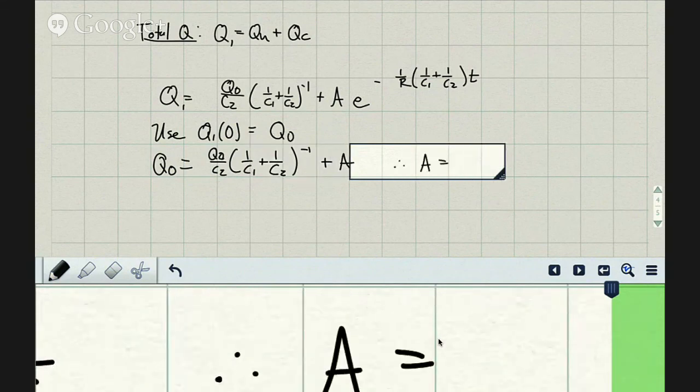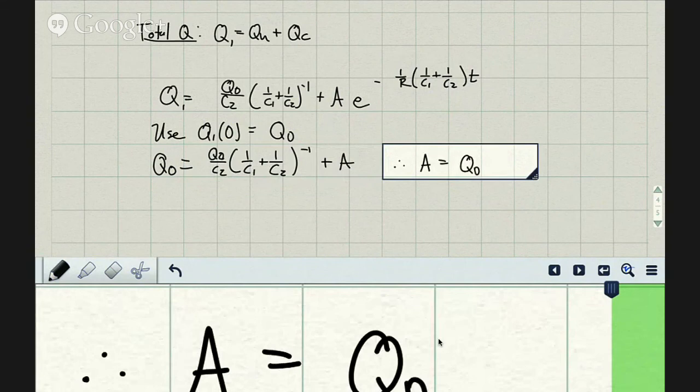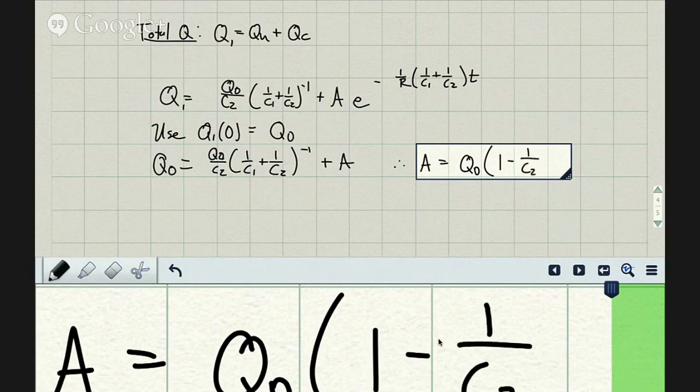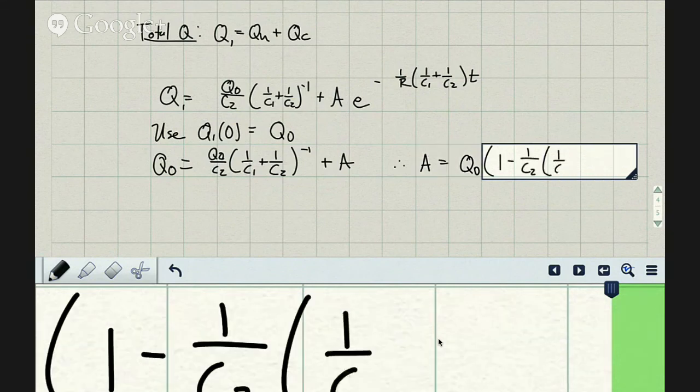A is equal to Q0 minus, I can factor out Q0, it doesn't really matter at this point. 1 minus 1 over C2 times 1 over C1 plus 1 over C2.